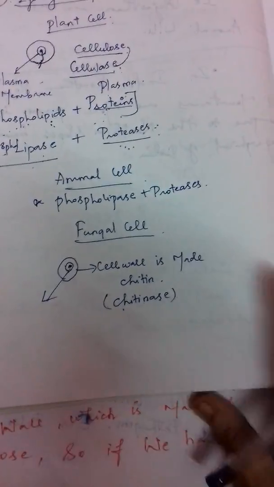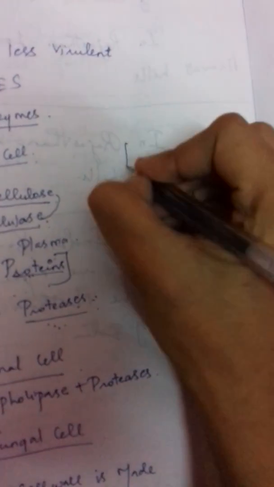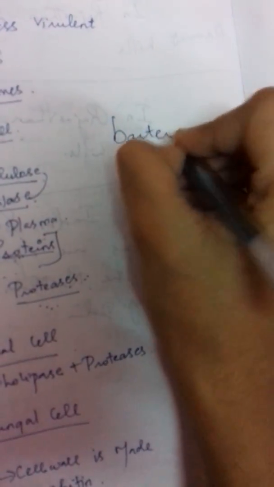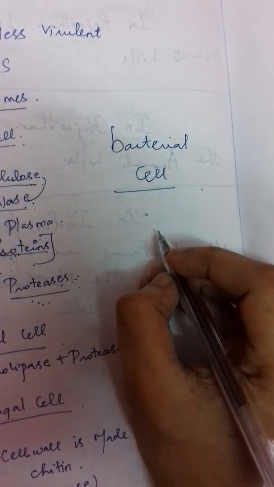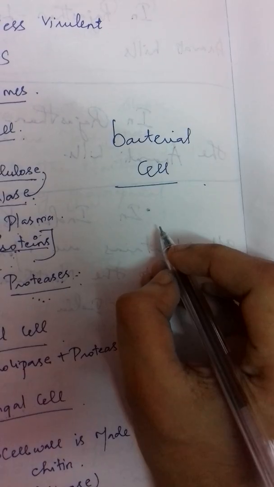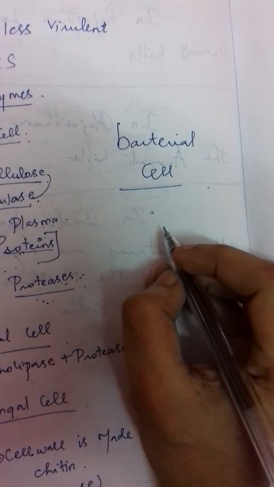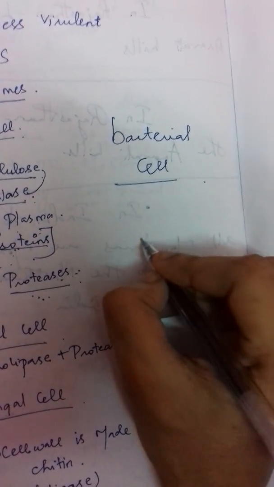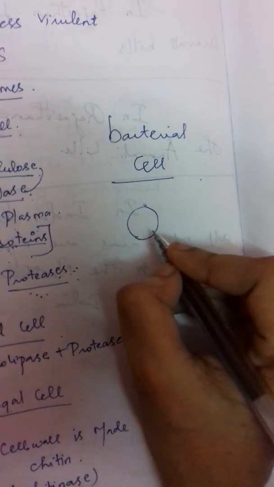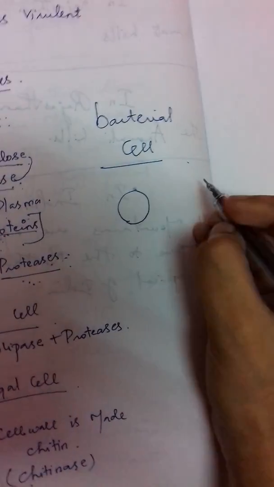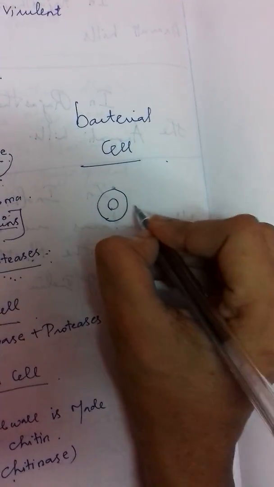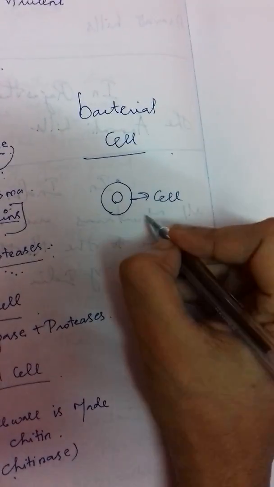That's it. And the bacterial cell. Only the animal cell is the exceptional case which doesn't have a cell wall; all other organisms have a cell wall. The bacterial cell wall is made up of peptidoglycan.